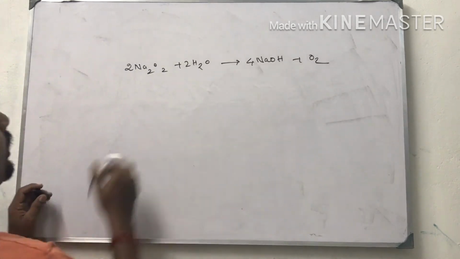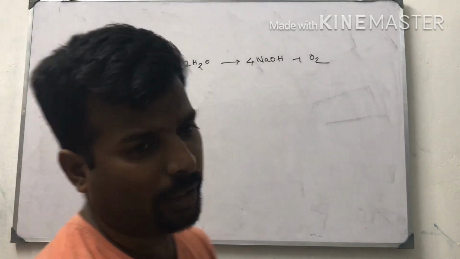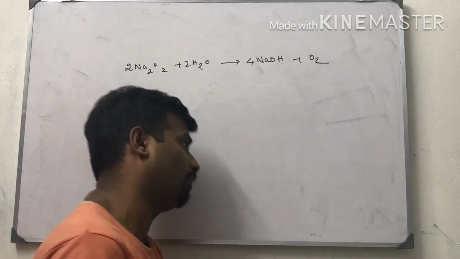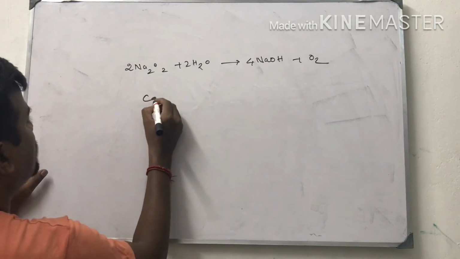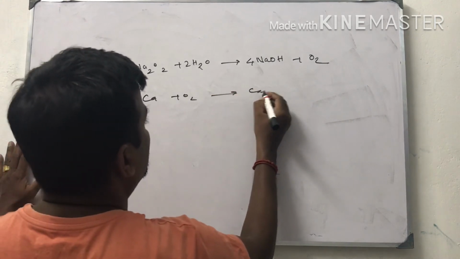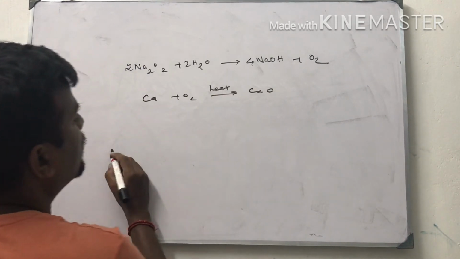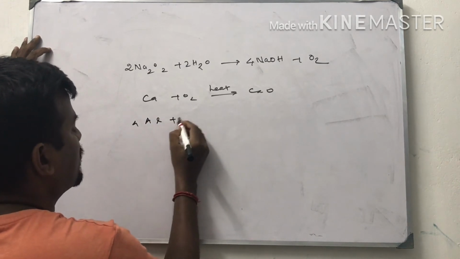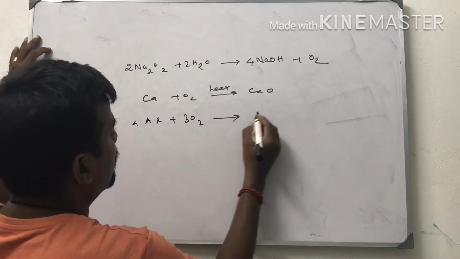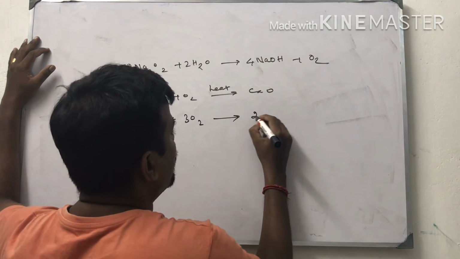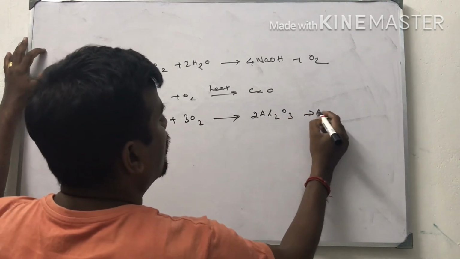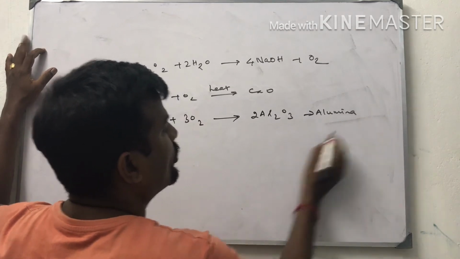Sodium peroxide and water react to give sodium hydroxide and oxygen. Another example, calcium plus O2 gives calcium oxide on applying heat. Then aluminium, 4Al plus 3O2, in the presence of heat gives 2Al2O3, aluminium oxide.